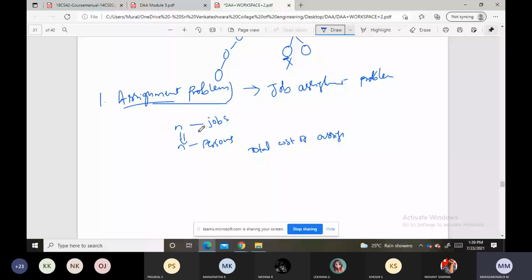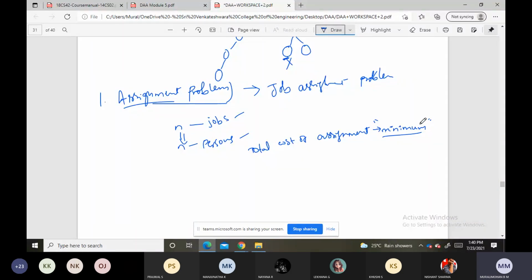Now we should assign each job to one person, such that the total cost of assignment should be minimum. So it is a minimization problem, right?